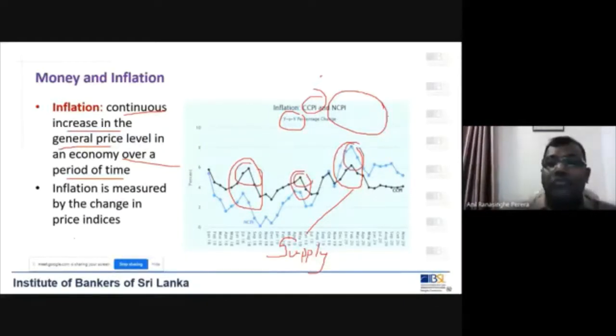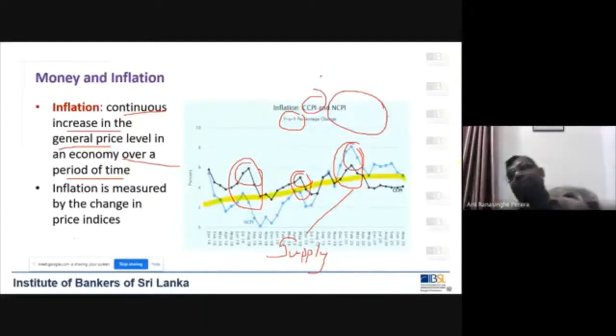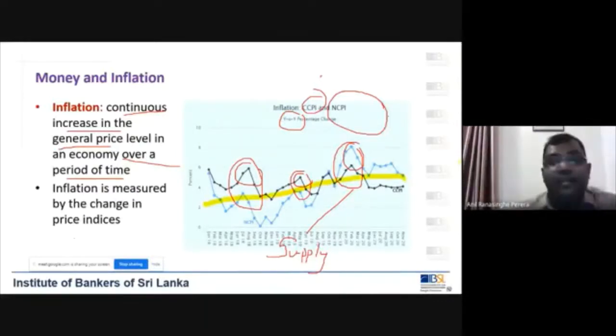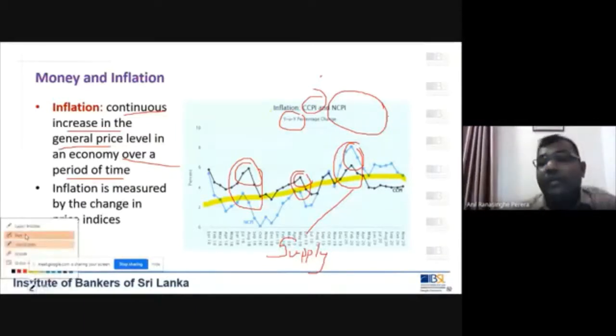And there is another component of inflation. I use this highlighter to show that if you take these long-term inflation rates, you can simply see a trend. Now, in this case, if you draw a line, probably you will see a trend like this. That trend indicates inflation driven by demand.